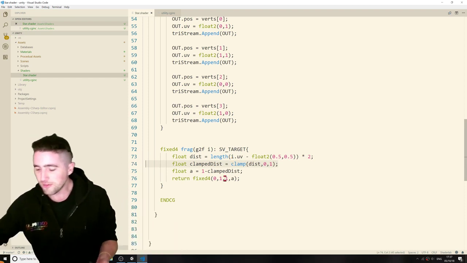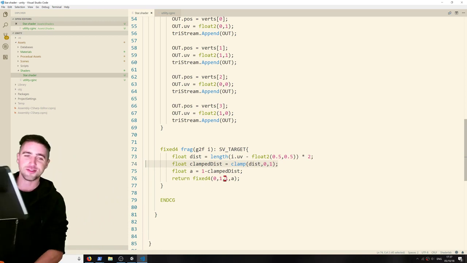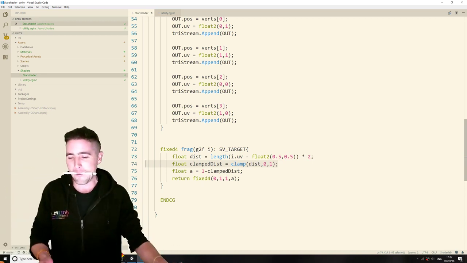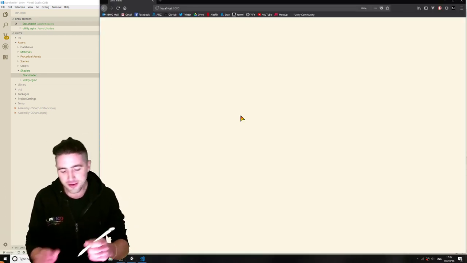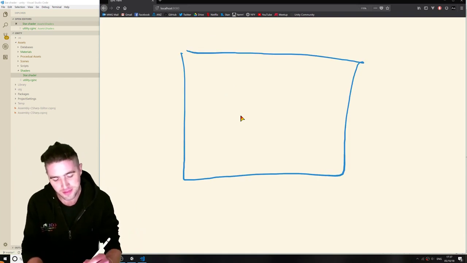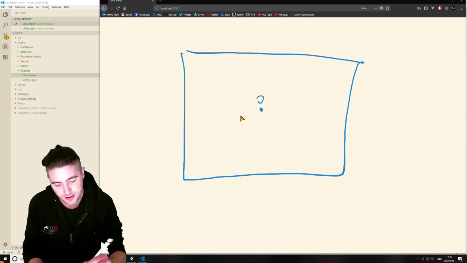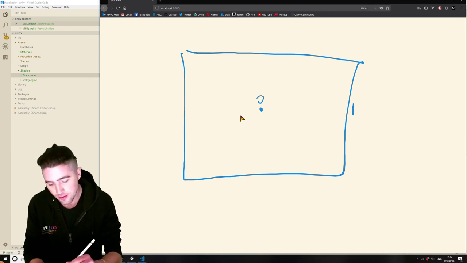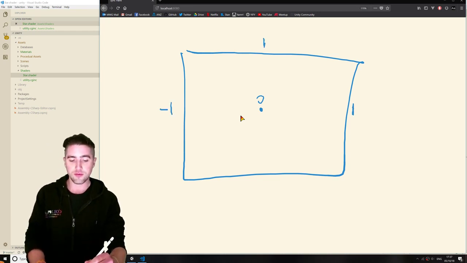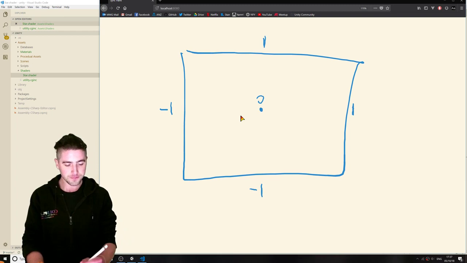I find this stuff, like the math, I really do enjoy. I'll quickly show you what this does. Okay, so if you've got a square, the middle would be 0. This would be 1, that would be -1. This would be 1, that would be -1, right?